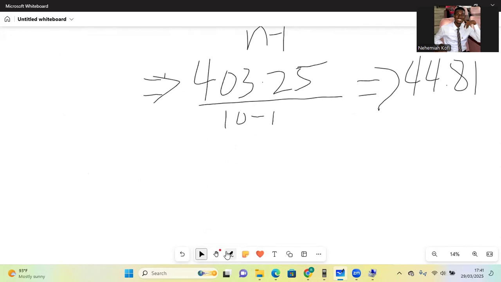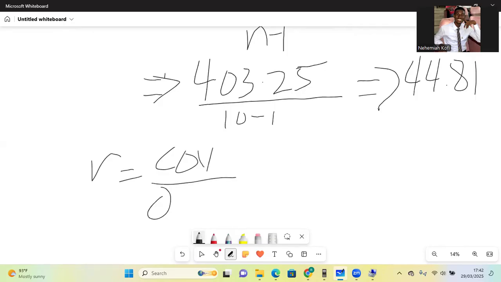Now, this is what we get for the covariance. If we now want to get the correlation coefficient, it's going to be our covariance over the standard deviation of the first one times the standard deviation of the second one.